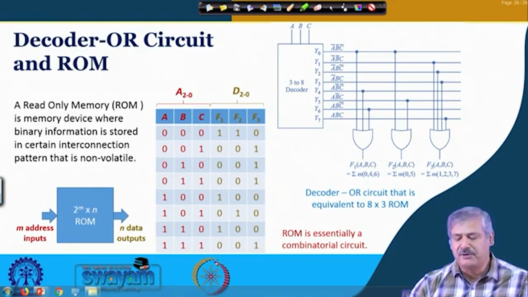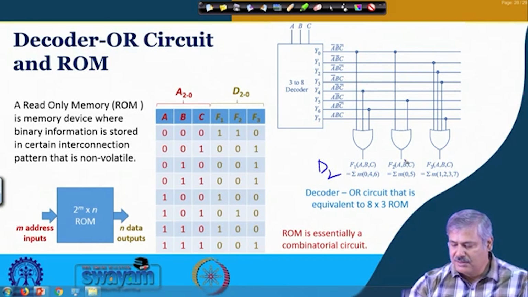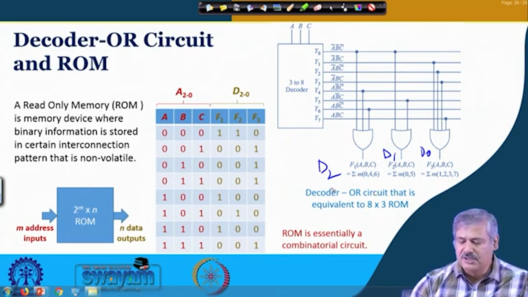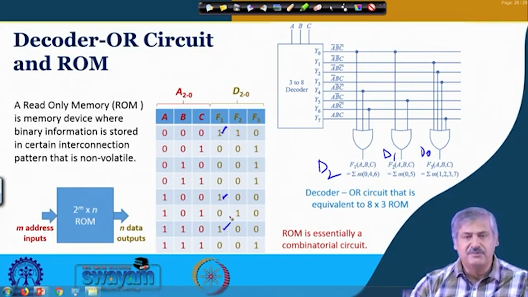If you put it in the form of a truth table, D2 becomes your F1, D1 becomes your F2, and D0 becomes your F3. This is the way the names have been given. We can give it in a different manner also, changing the order, etc. So for D2, there is a 1 over here, a 1 over here, and a 1 over here.